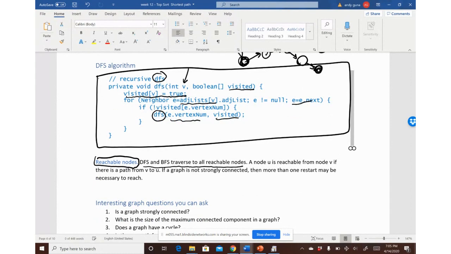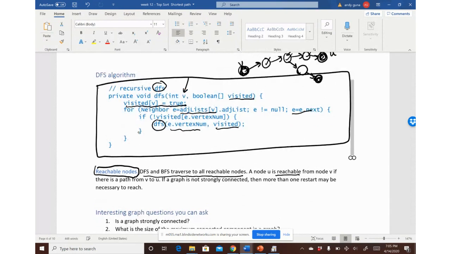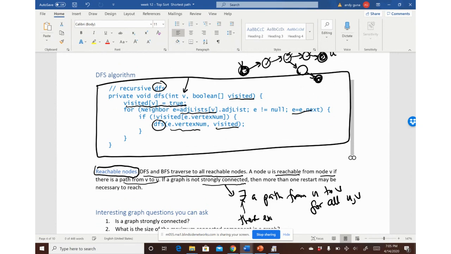Reachable means that there's a path from node V to node U. Okay, a graph is strongly connected means that there exists a path from U to V for all U and V. So this symbol indicates that they exist. They exist. A path from U to V for all U and V. Okay.